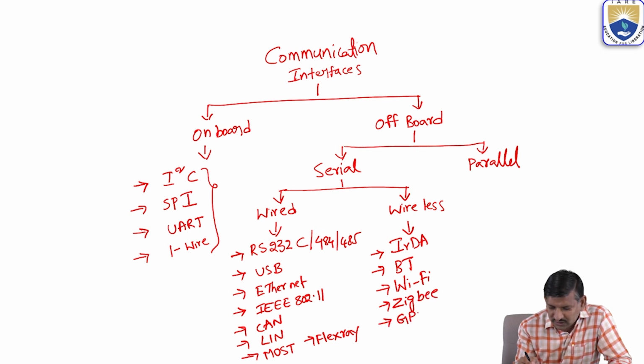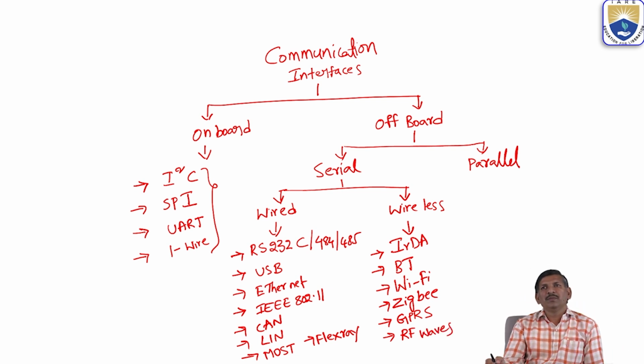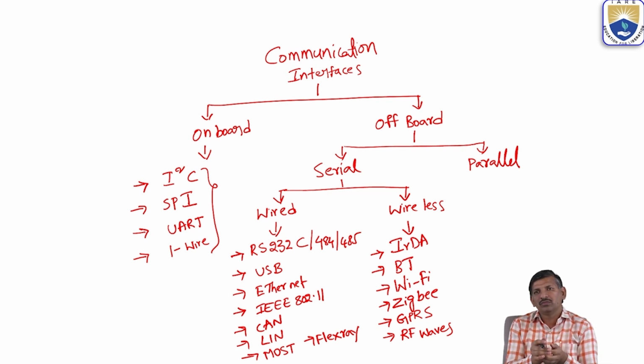Next, GPRS. Next, radio frequency waves. So these are the different types of communication peripherals. We may use any one or few based on our requirement.